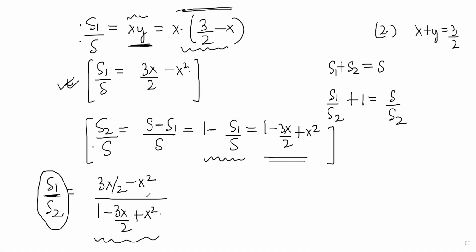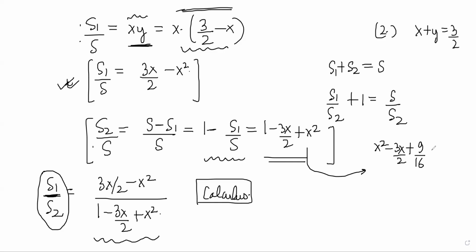Now, one way to do it is by calculus. You can try the calculus method. We can also do it in a slightly different way by thinking about this ratio, this value S2 by S, and this can be written as x squared minus 3x by 2 plus 9 by 16 minus 9 by 16 plus 1.